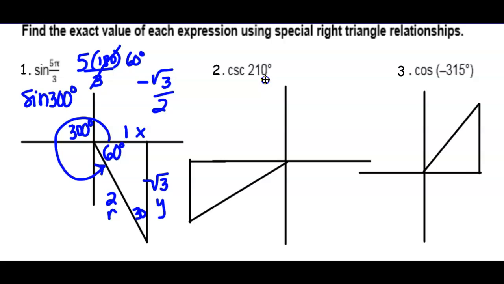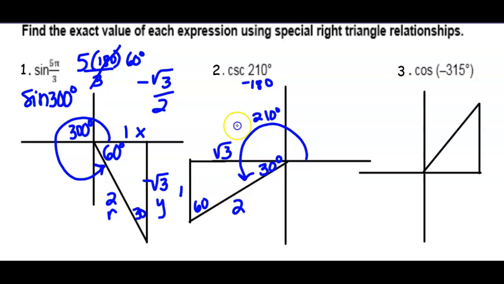Cosecant of 210, okay, 210 degrees is past 180 by how much? So if we subtract 180, we get 30. So this is a 30-degree angle. So the short leg is 1 across from the 60. The long leg is square root of 3. The hypotenuse is 2. But remember, we went left, so this is negative, and we went down, so this is negative.